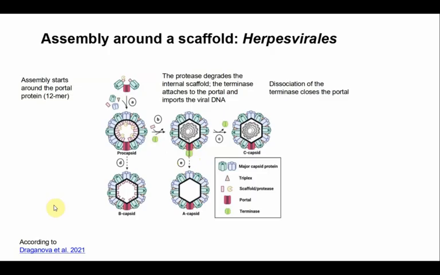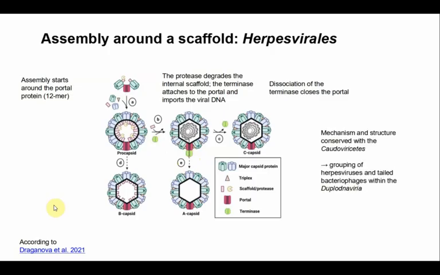I forgot I had text on this. So this general mechanism is the same with T4 bacteriophage, lambda phage, all of these tailed phages. They've got pretty much the same kind of mechanism to produce their capsids and fill them up. This is one of the reasons why they're grouped together in the big class of the duplodnaviria.